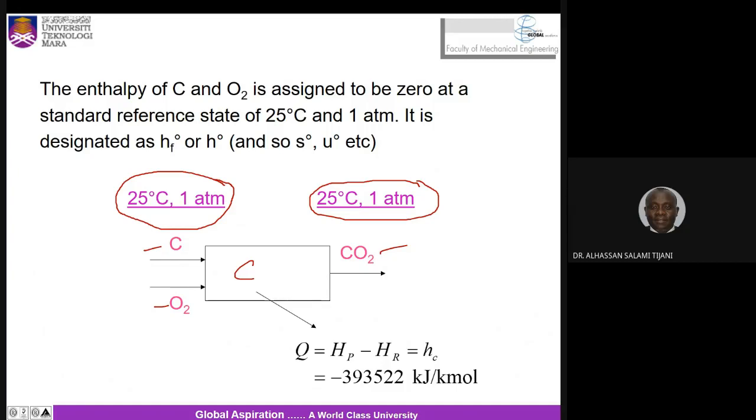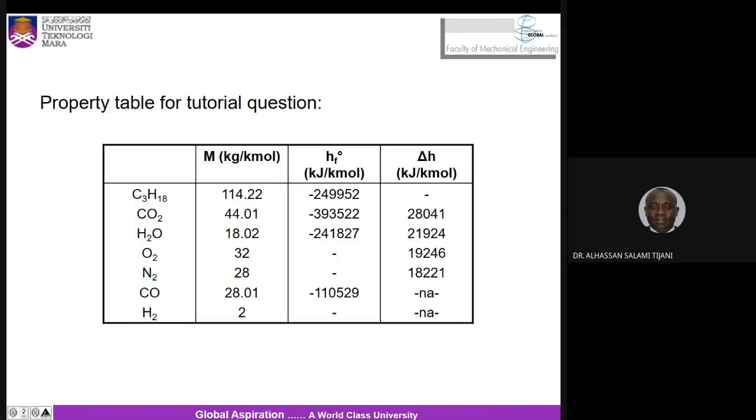So the enthalpy of combustion equals HP minus HR. The difference gives us minus 393,522 kilojoules per kilomole. That's the amount of energy which is released. We will normally refer to this in the property table. We'll look at an example later on.